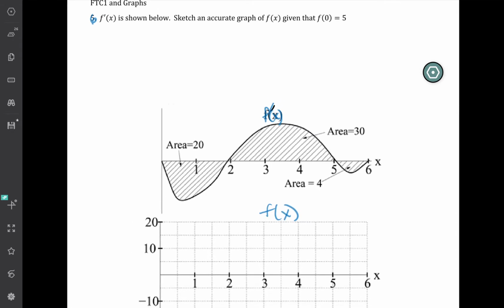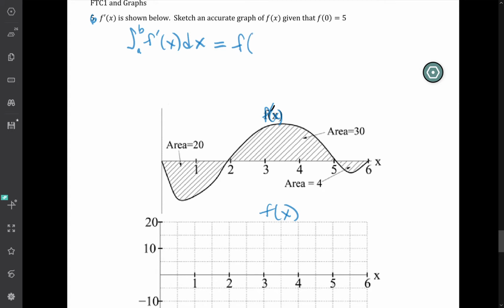Okay, so what the first fundamental theorem tells me is that if I want to integrate little f prime from a to b, then what I should get is the antiderivative function f evaluated at b minus the antiderivative function f evaluated at a.